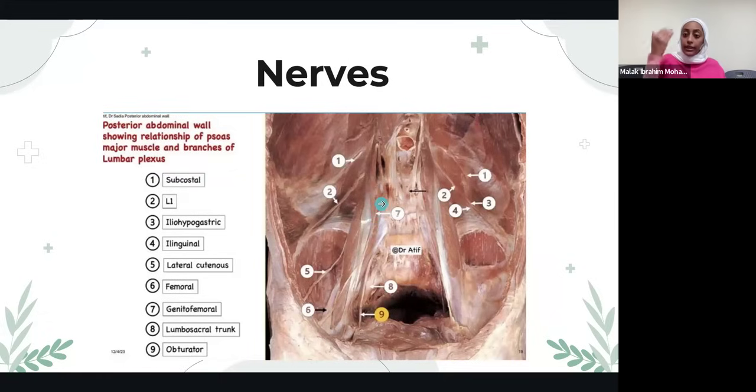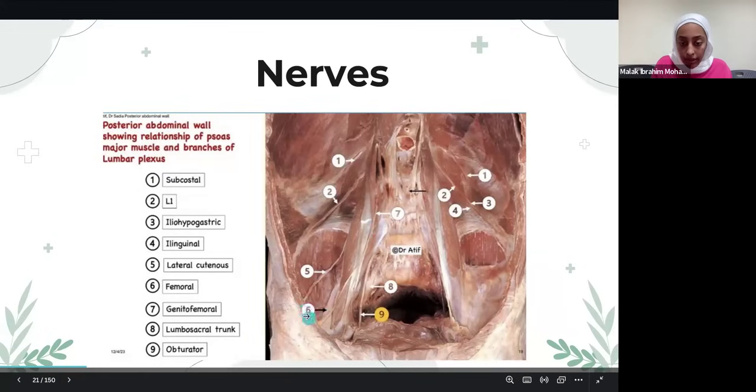And what's the nerve that goes anterior to the psoas major? It's the genitofemoral nerve. So the genitofemoral is the one that's going to be in front of psoas major. So if they give you a cadaver and you can see the psoas major and they point at a nerve that's going above the psoas major, anterior to it, you know that this is directly the genitofemoral nerve.